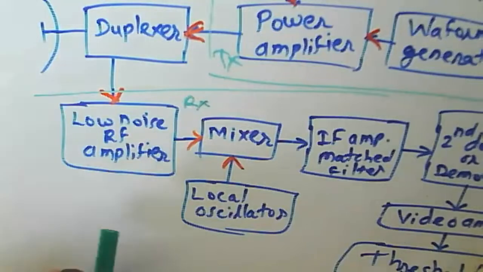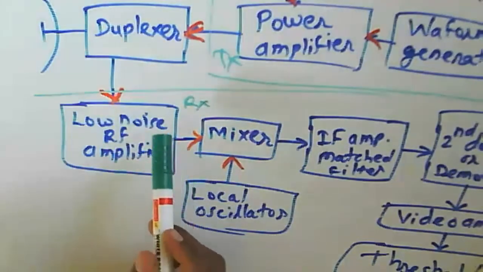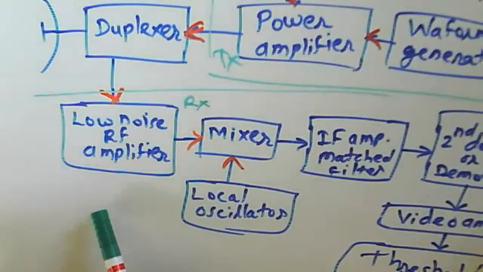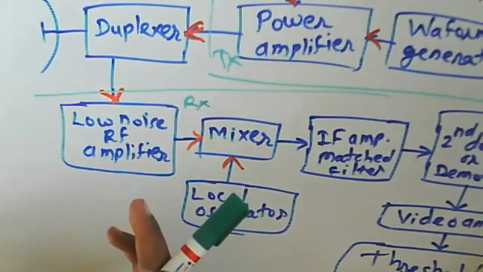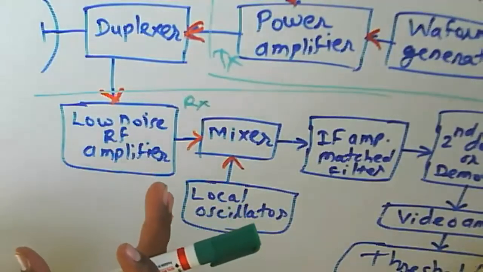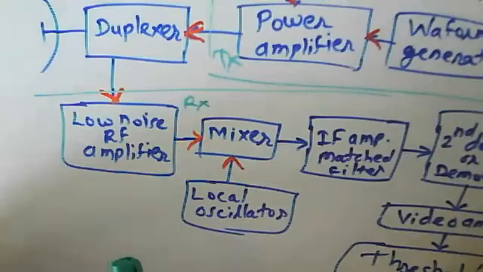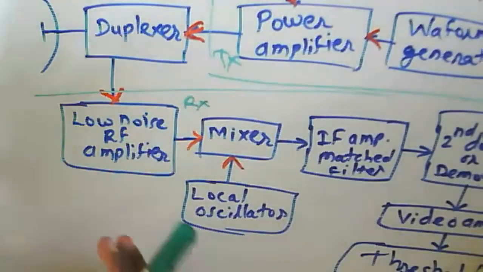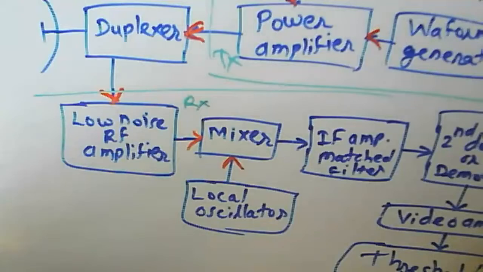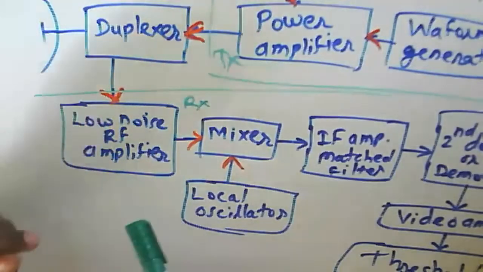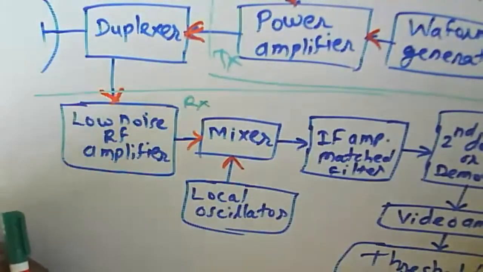That's why in most cases low noise amplifiers are not available, because radar is mostly used in military applications. In military applications, even if a noisy signal is present, that noisy signal is to be detected by the radar. Noisy signal means what? Any signal in a given region that is to be detected by the device.